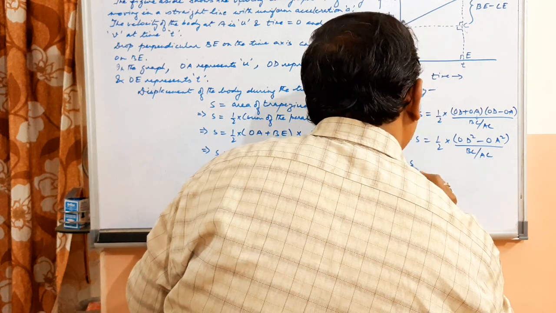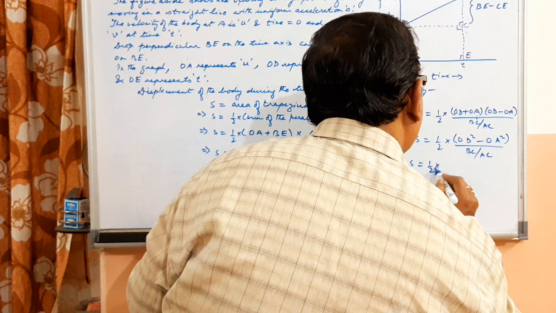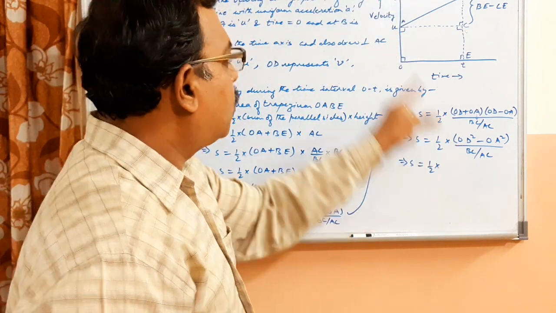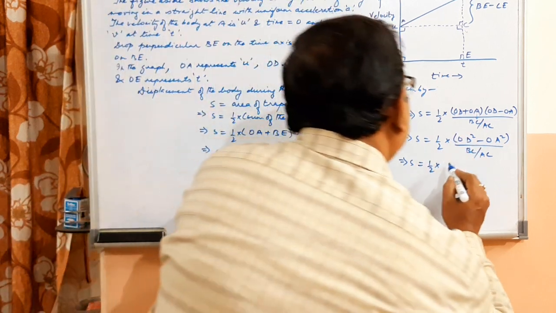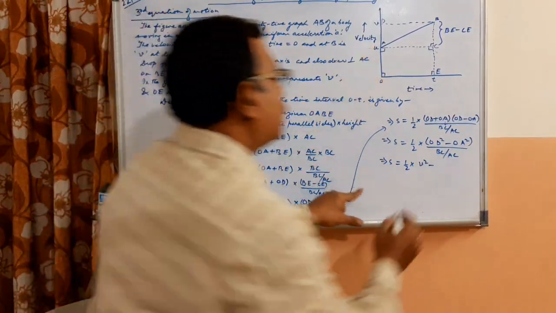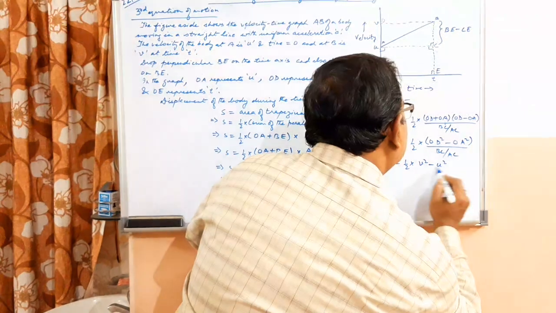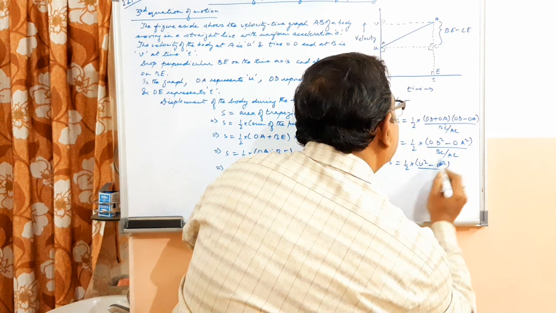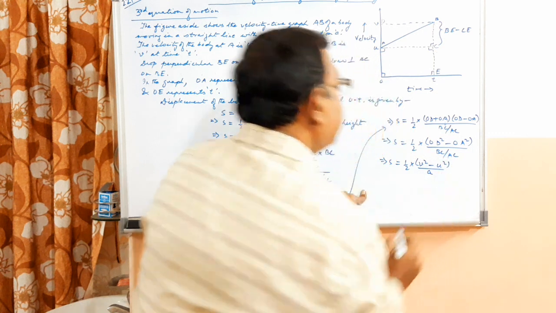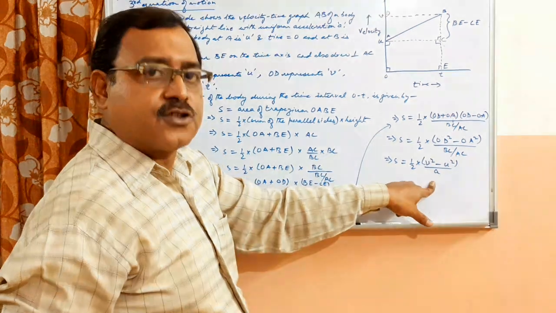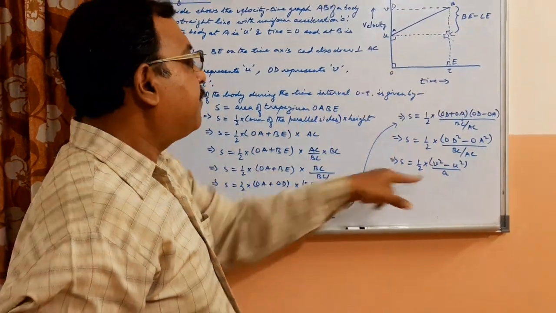Now let us write the values. OD is represented by V, so in place of OD square I can write V square. OA is represented by U, so I can write U square, divided by BC by AC, which is nothing but A. BC by AC is what? A means acceleration, the slope of line AB.